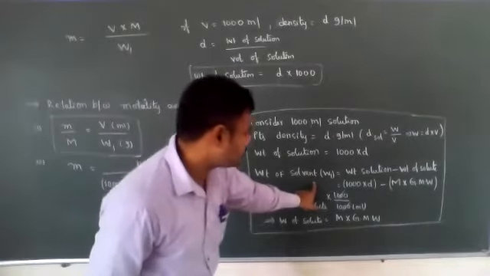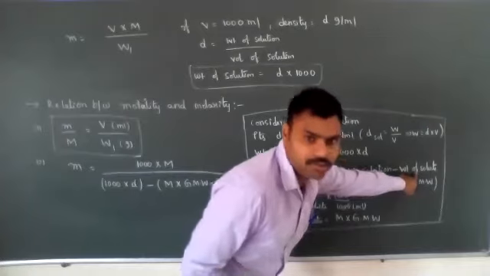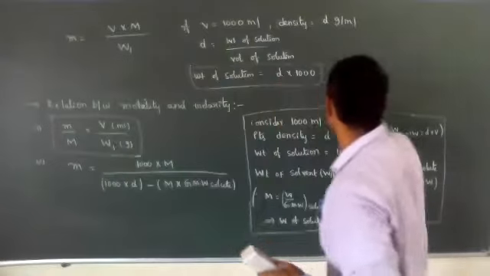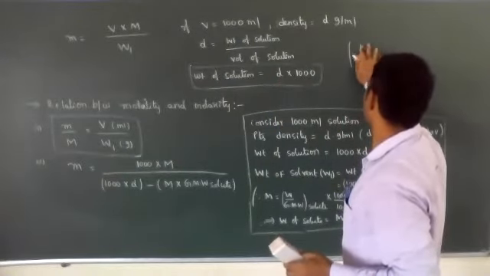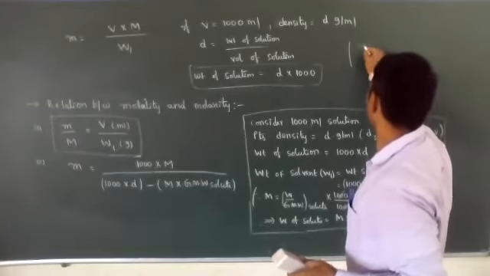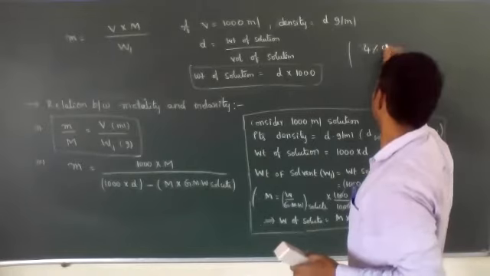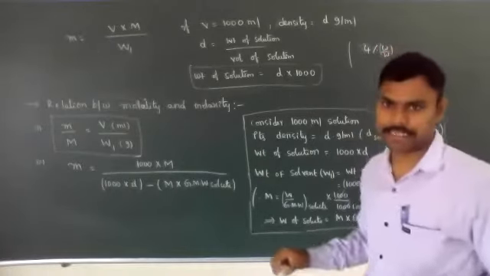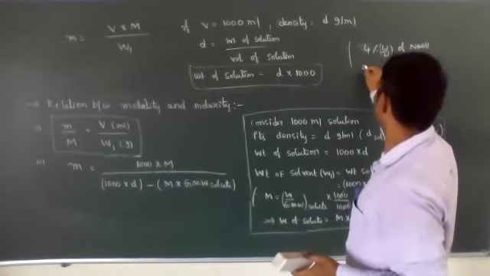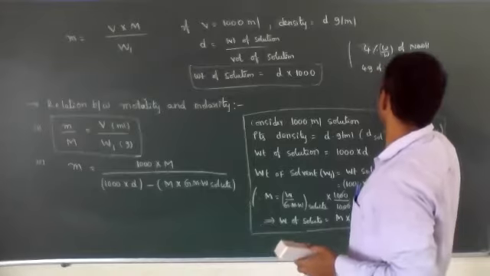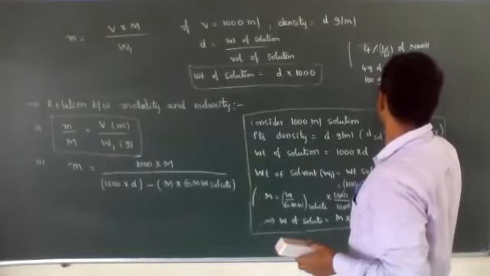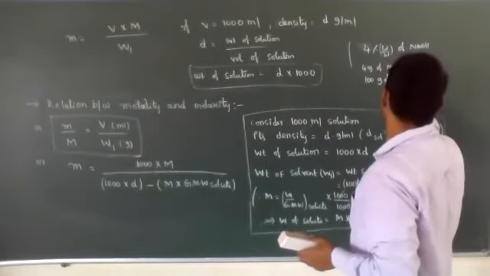So the weight of solvent is equal to weight of solution minus weight of solute. For example, as I already said, 4 percentage W by W of NaOH means 4 grams of NaOH in 100 grams of solution.